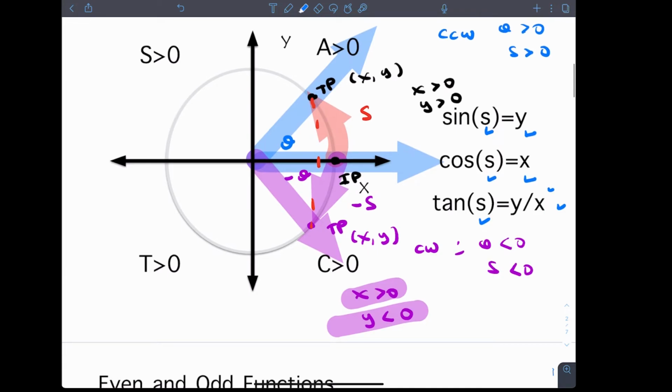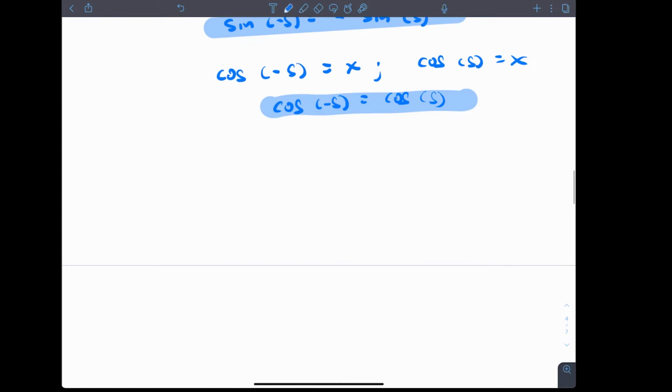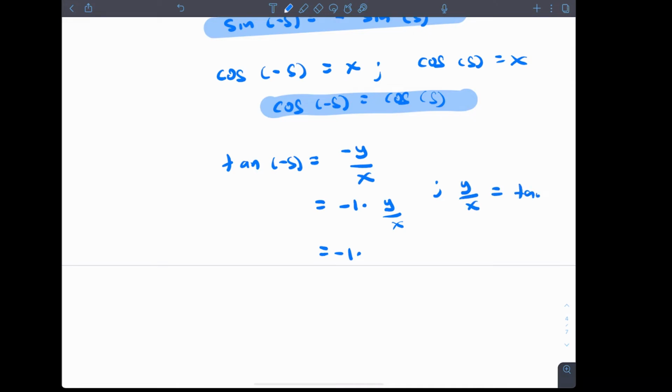And you might say tangent. Why is tangent s different? Well, if I told you guys tangent minus s is going to be negative y over x, because the y coordinate is now negative, right? Well, that's the same as negative 1 times y over x. Well, y over x, if you guys remember, is the definition of tangent s.